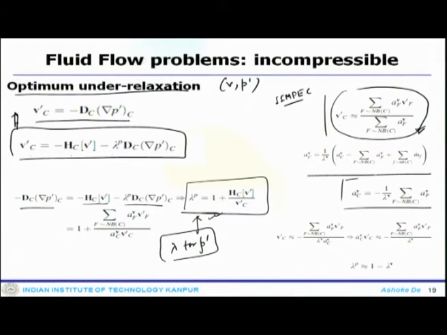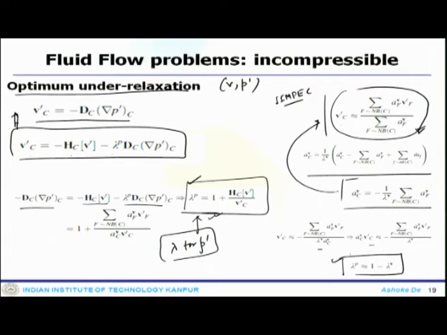Now, if you substitute this equation in the velocity corrections approximation here, you get Vc prime equals a b by lambda, from where you get lambda p equals 1 minus lambda b. So, what people have seen is that the SIMPLE algorithm with its under relaxation factor satisfying this equation provides results similar to the SIMPLEC kind of algorithm. So, that is an optimum lambda calculation for the SIMPLE algorithm which can behave like a SIMPLEC algorithm.